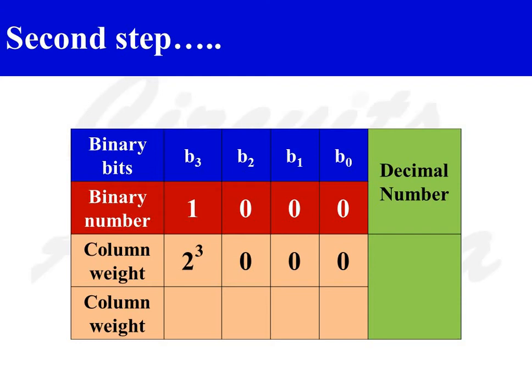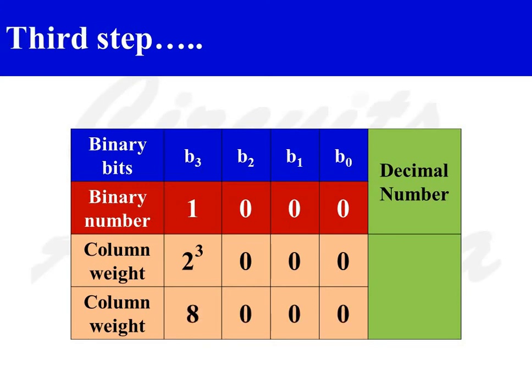Next step is to fill the column weights as power of 2 in the third row. So here B3 is equal to 1 and the rest of the bits are zeros. So the third row is filled with 2 raised to 3. Remaining 3 cells are filled with zeros.